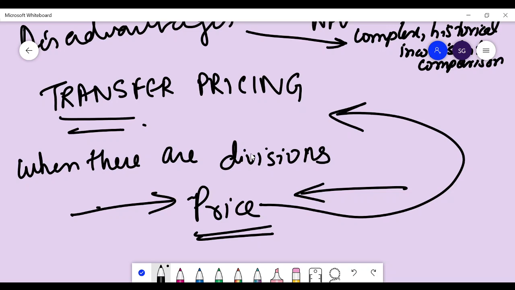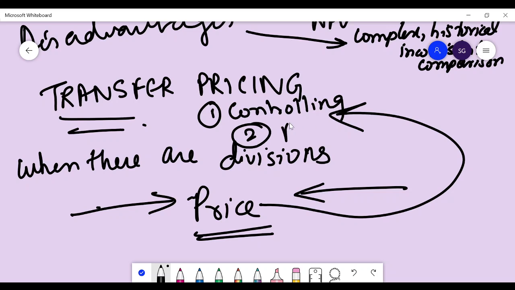It is also important. So first it is important because of controlling, and second for performance measurement.